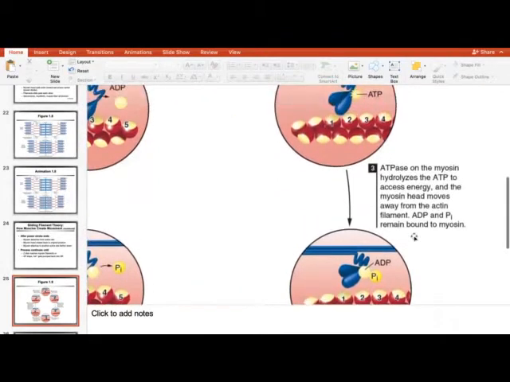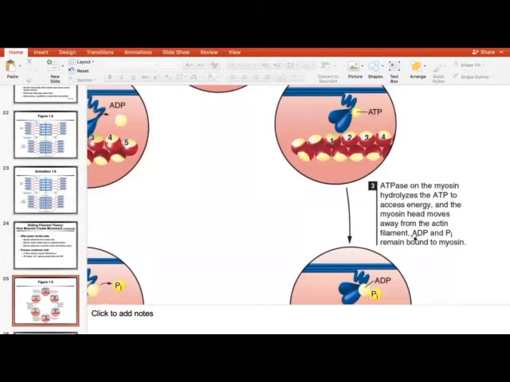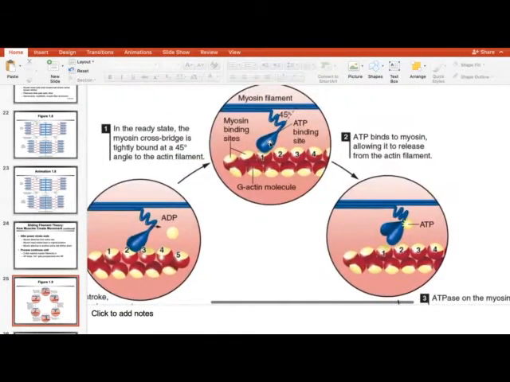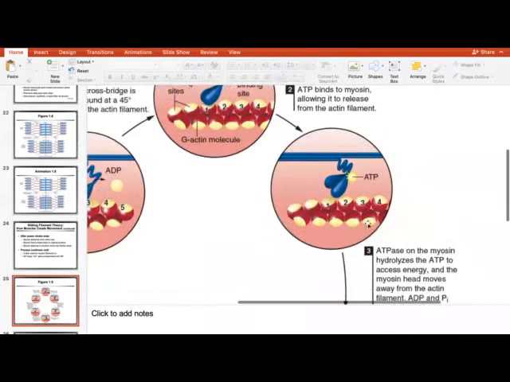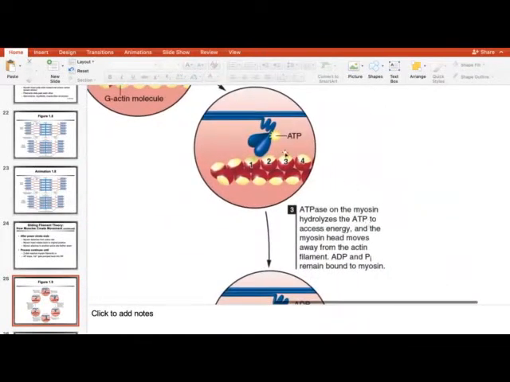All right. When that energy is released, that energy is going to be used to take this angle here of this myosin cross bridge and move the cross bridge down the actin filament so that the myosin and actin can attach at a different attachment site. So right now it's going to go from attachment site number 1, and eventually it's going to move to attachment site number 2.